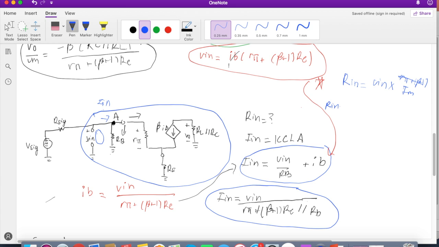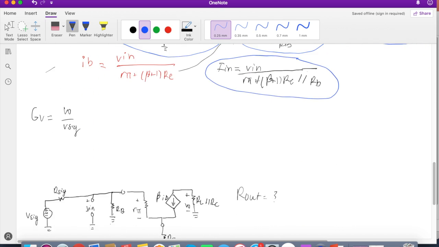So we see R in equals V in over V in times R pi plus beta plus 1 RE in parallel with RB. Now simply what we're left with is the voltage ins cancel out and your R in will simply be R pi plus beta plus 1 RE in parallel with RB. Now that's going to be our final input resistance. This is the Thevenin equivalent resistance here for this entire circuit outlined in the blue.